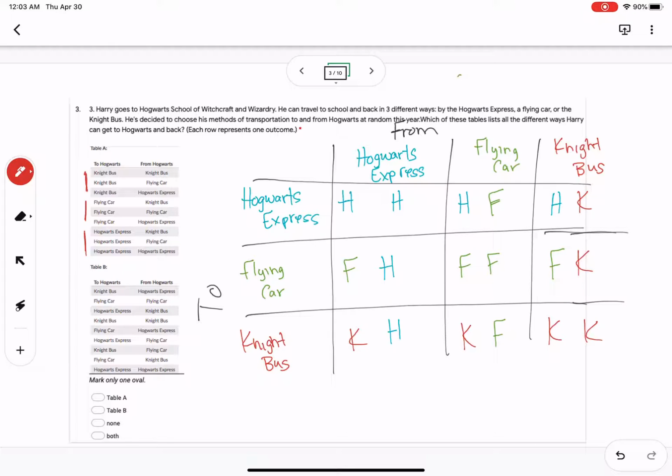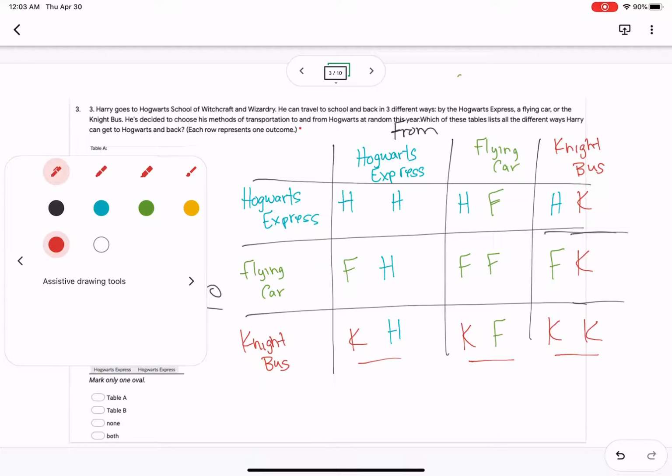So to Hogwarts, Knight's bus. So if he's using the Knight's bus, he could go using the Knight's bus, the flying car, or the Hogwarts Express. So that listed all of those options there, right? So we're good on those.